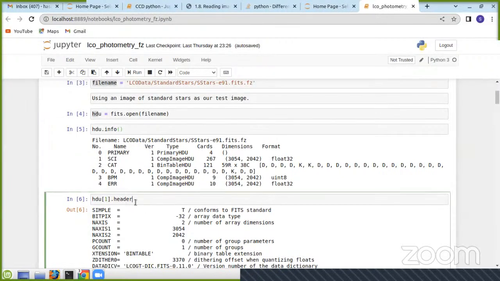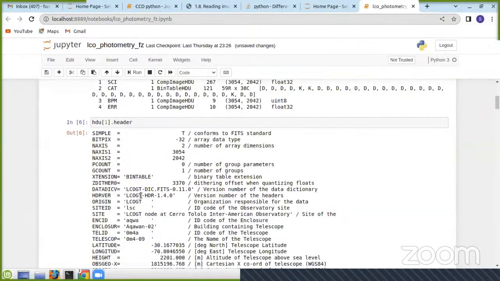Then you can start reading the header information in each of these. When I do hdu[1].header, I get the header information. Just bear with that flashing because I can't help it.